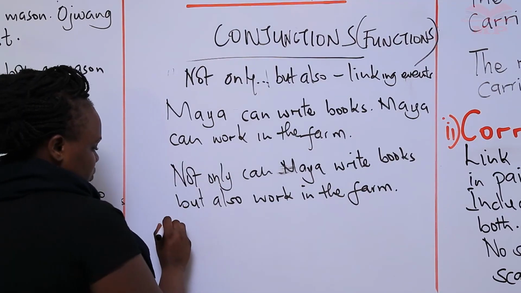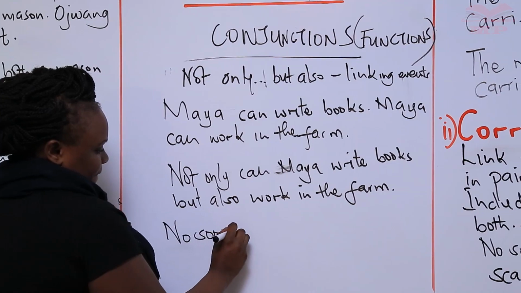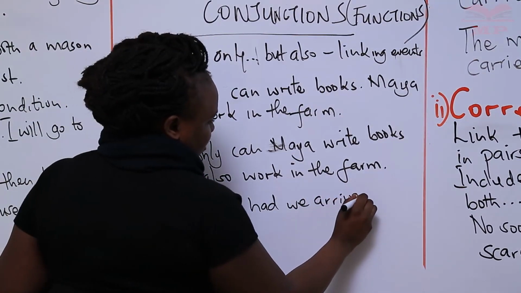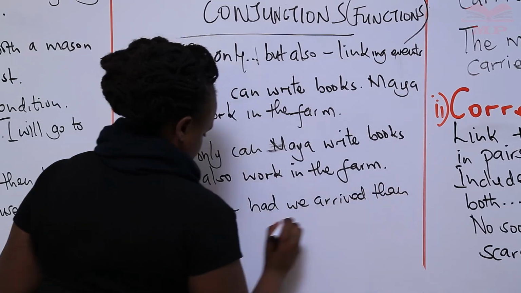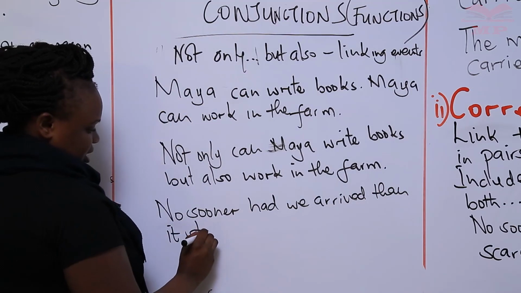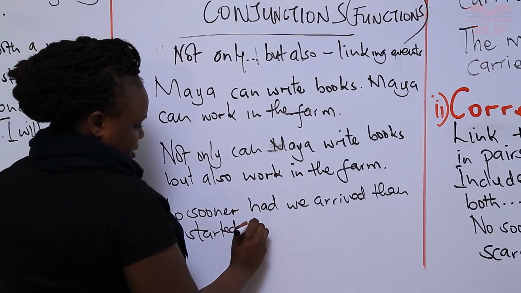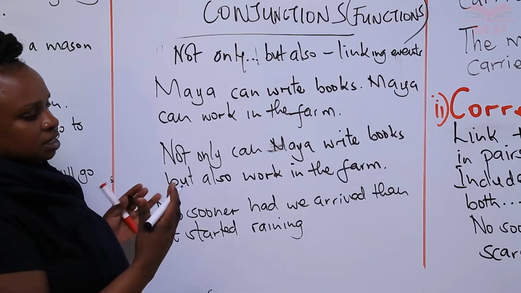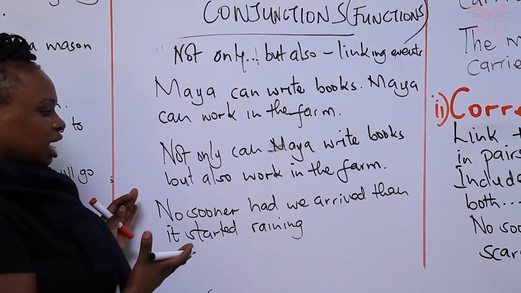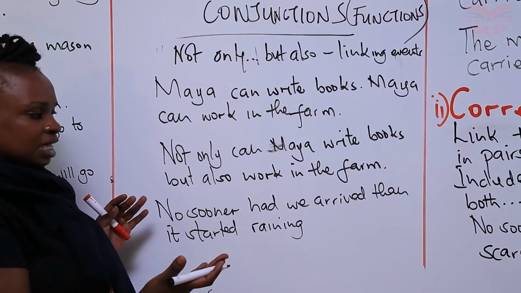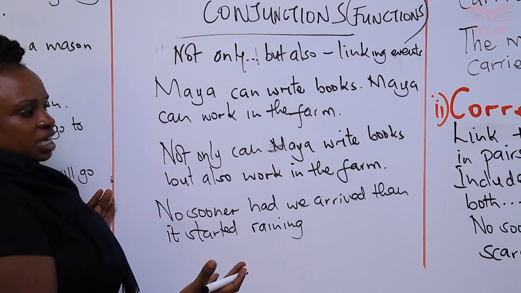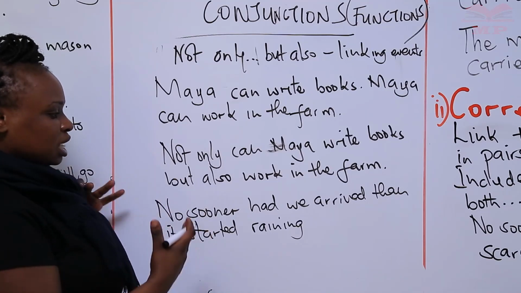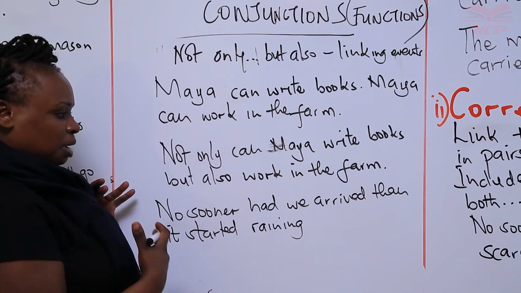So, no sooner had we arrived than it started raining. If you replace this with hardly when, it still means the same thing. Hardly had we arrived when it started raining. Scarcely had we arrived when it started raining. Barely had we arrived when it started raining.